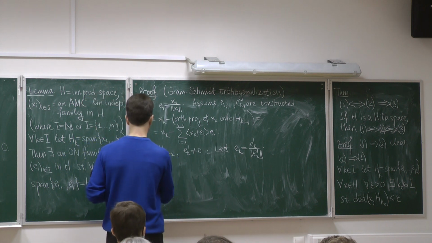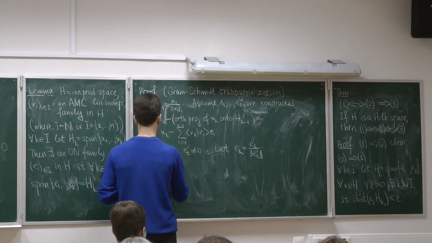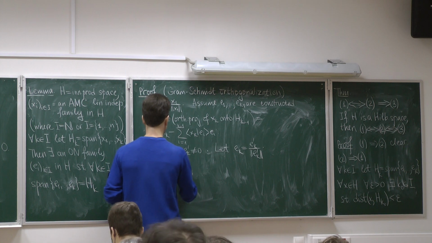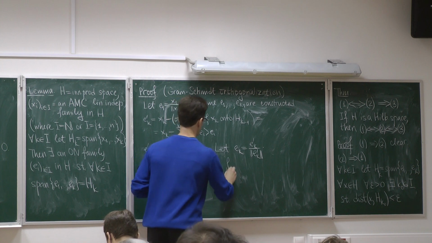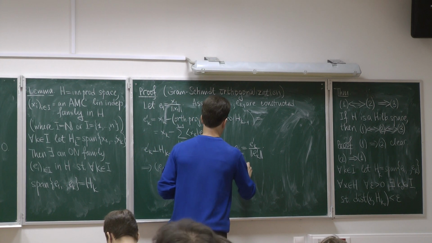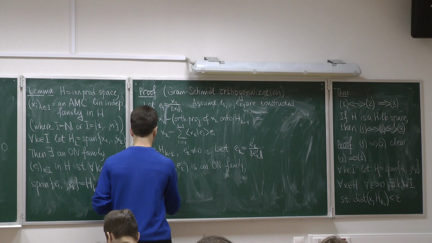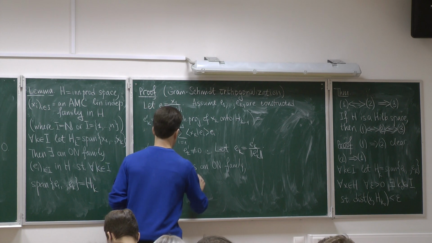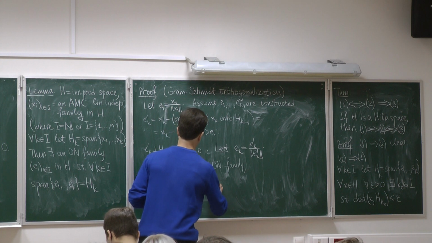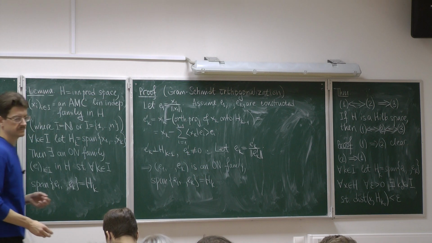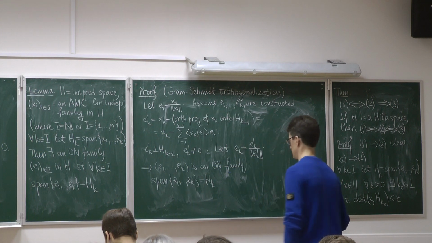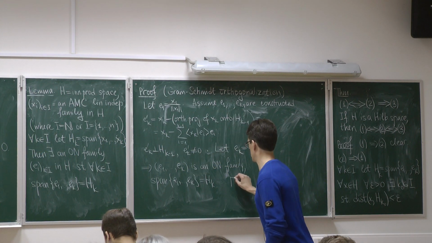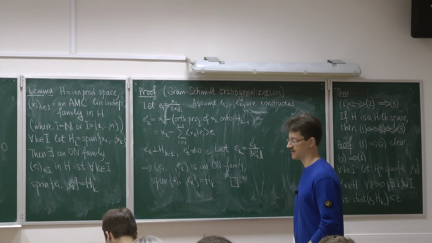And this implies that E1 to Ek is an orthonormal family, and the linear span of this family equals Hk. So now the induction argument shows that the required family is constructed.